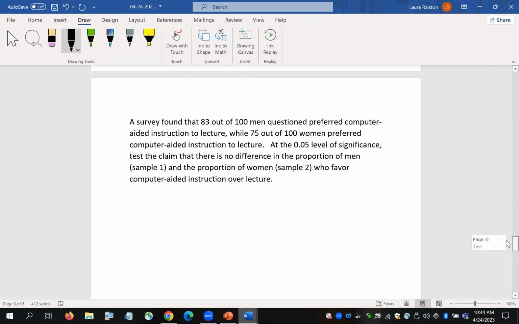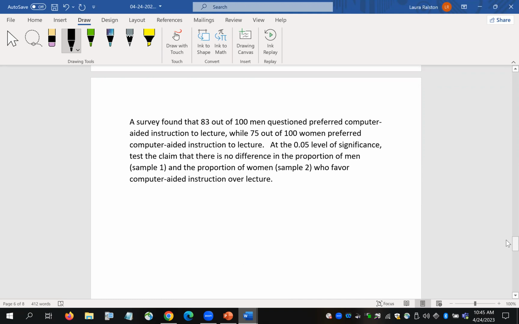Okay, so let's look at this problem. It says, a survey found that 83 out of 100 men questioned preferred computer-aided instruction to lecture, while 75 out of 100 women preferred computer-aided instruction to lecture.